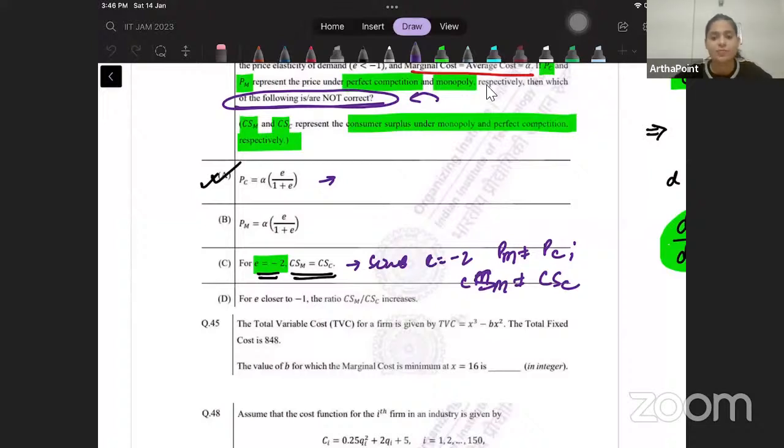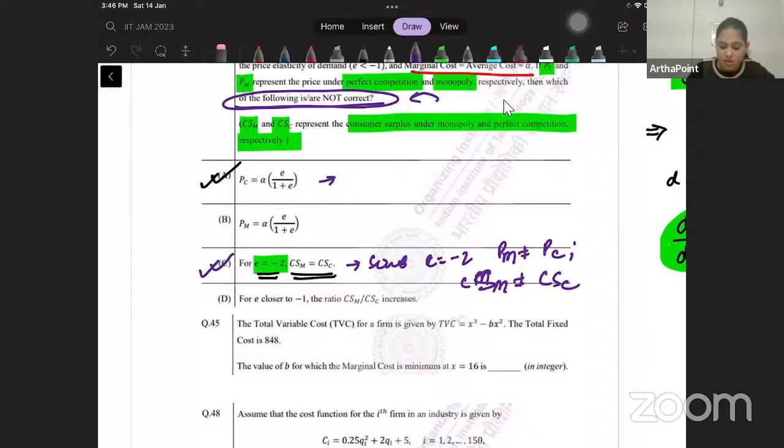Okay, great, fine. So at E equal to -2, what we saw is that these two prices are not equal. When prices are not equal, consumer surpluses cannot be equal. So this is incorrect.